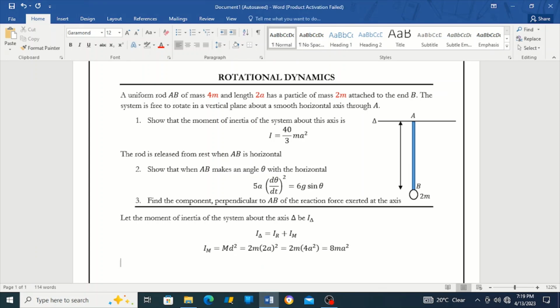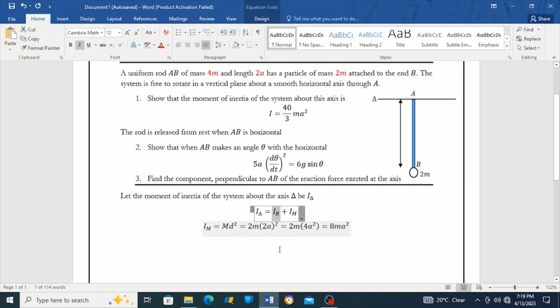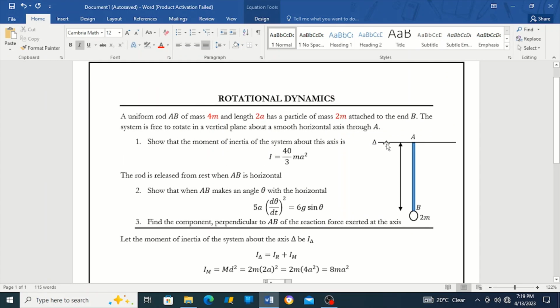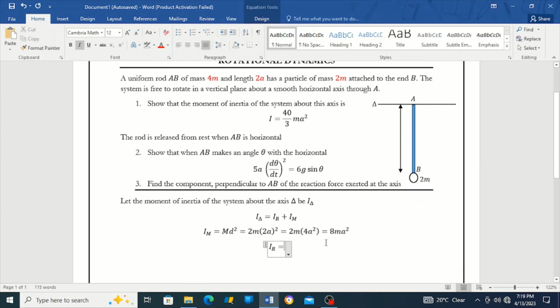Now what about the moment of inertia of the rod itself about the axis delta? We see that the axis delta is perpendicular to the rod and passing through one of the ends, so we use our standard result.